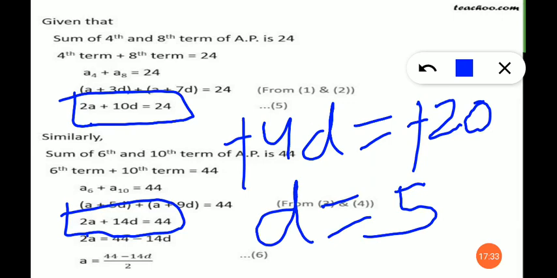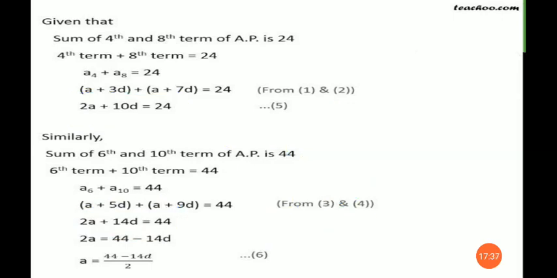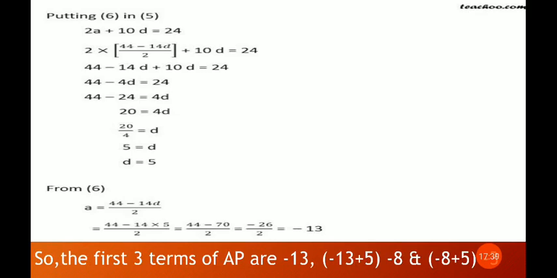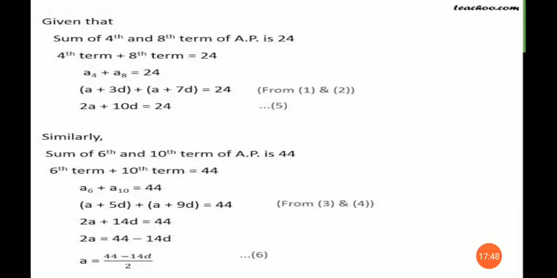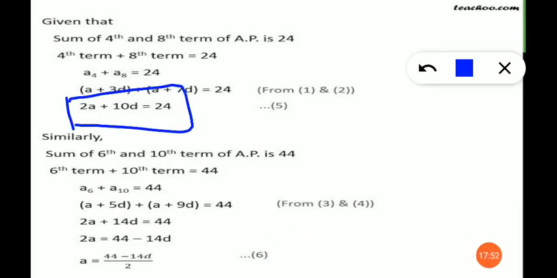So this is so simple. We just have to subtract these two equations. After subtracting, we will get our D as 5. Then we have to find out the first term also. So what we will do, in either of these two equations, we will substitute the value of D. D is 5.